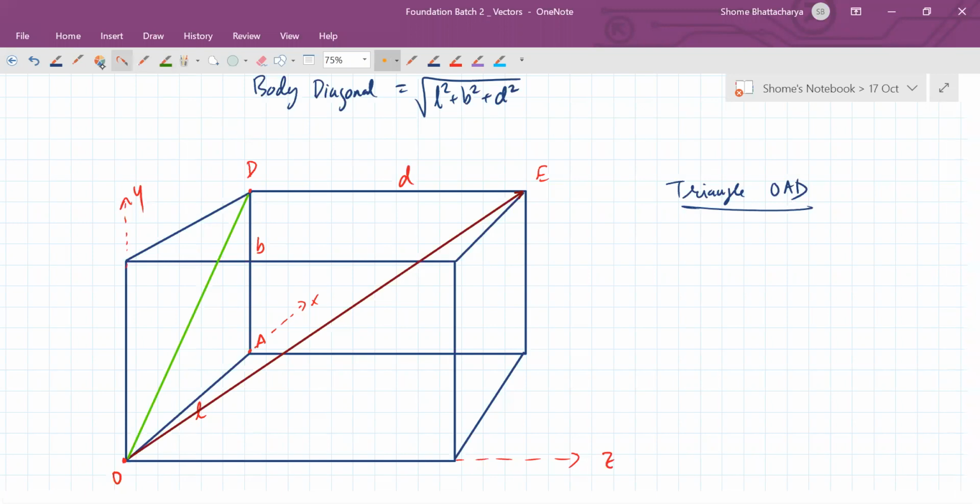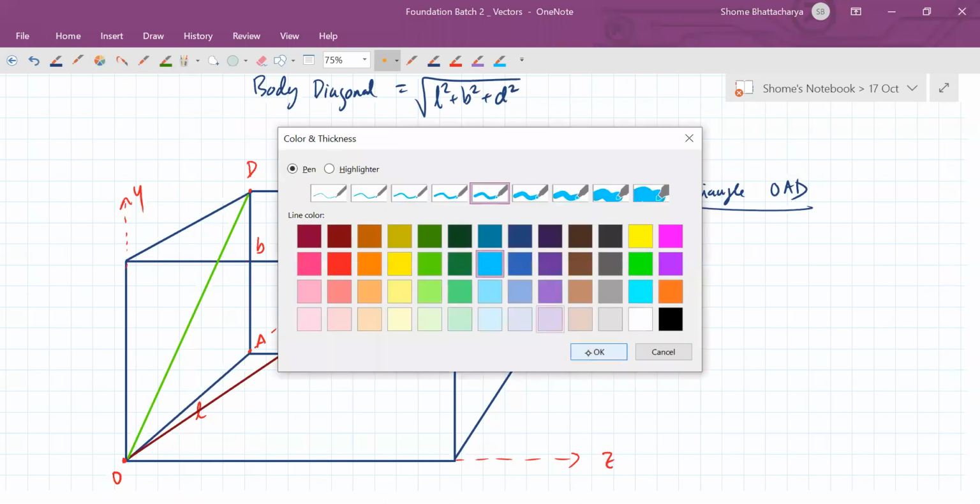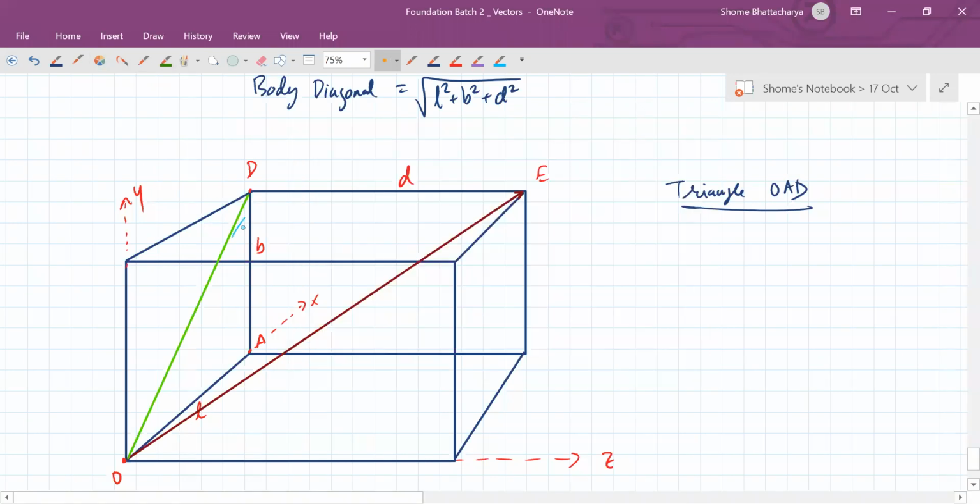In my diagram, that is this triangle. This angle is 90, and this is in the XY plane. So in this triangle, what is happening?